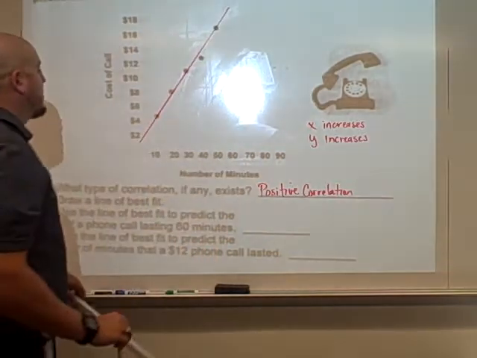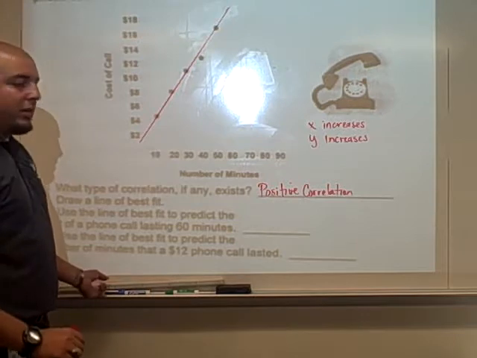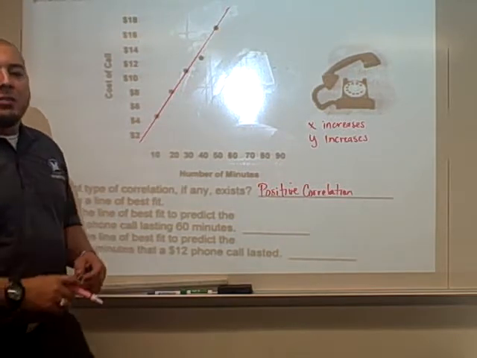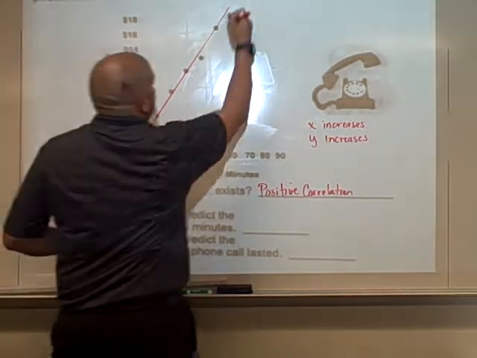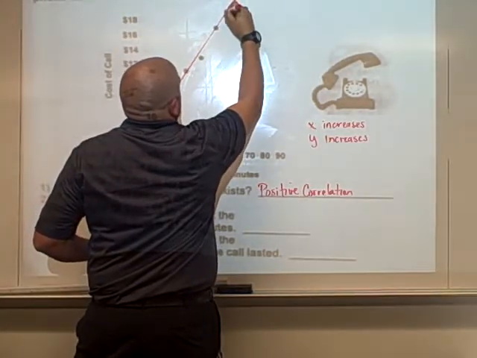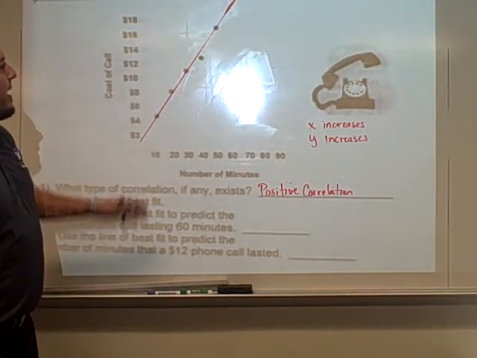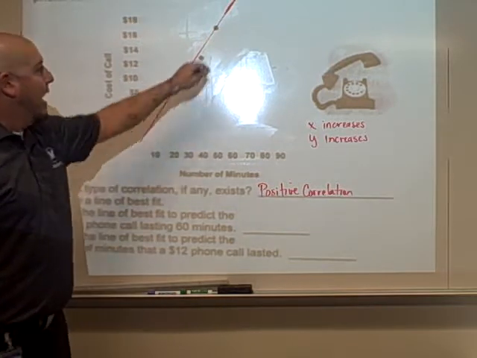All right, so there's our line of best fit. I drew it all the way through because, as you saw earlier in our football games, we needed to make a prediction. So I'm going to extend it all the way until the board runs out. Not very straight, but there's my best fit line. I've got it through a couple of dots, one dot on top, one dot on bottom.